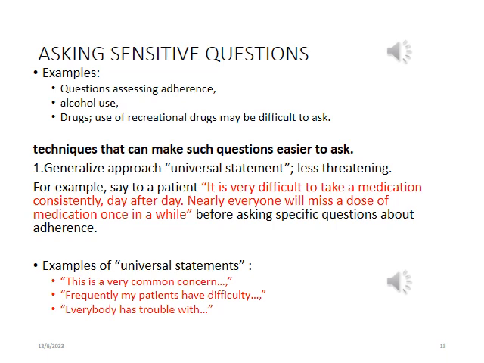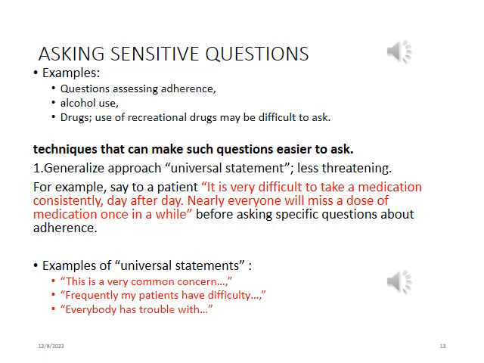For example, a generalized approach. We have to say, it is very difficult to take a medication consistently day after day. Nearly everyone will miss a dose of medication once in a while. Some other examples of universal statements: this is a very common concern, and you then start talking about this concern.